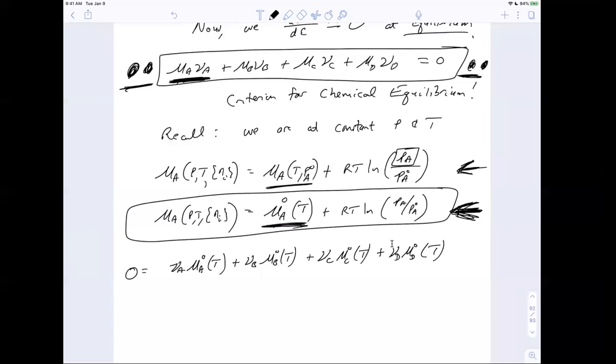Now we look at the RT log term for each species. Since we're going to have four species, we're going to multiply again by the stoichiometric coefficient. And so we're going to have four RT log terms.